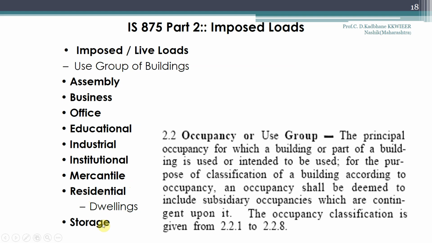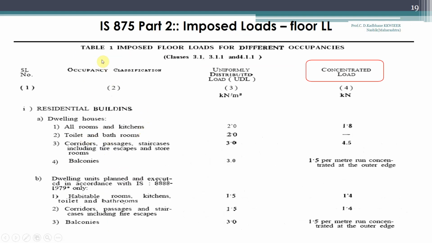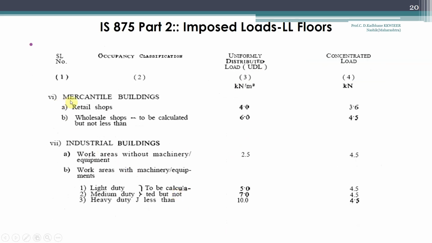As the building occupancy and function change, the intensity of live load will change. Here table number 1 gives us an idea regarding how much UDL we must consider for different types of structures. If you think about mercantile buildings or industrial buildings and compare with residential buildings, the live load is higher as compared to residential buildings.